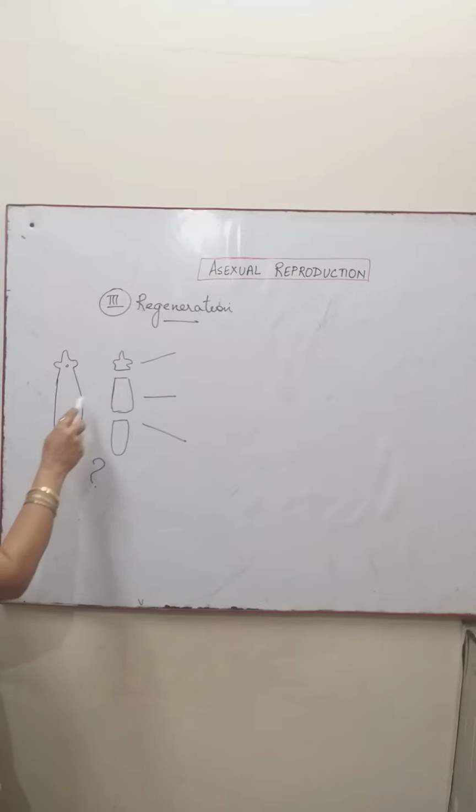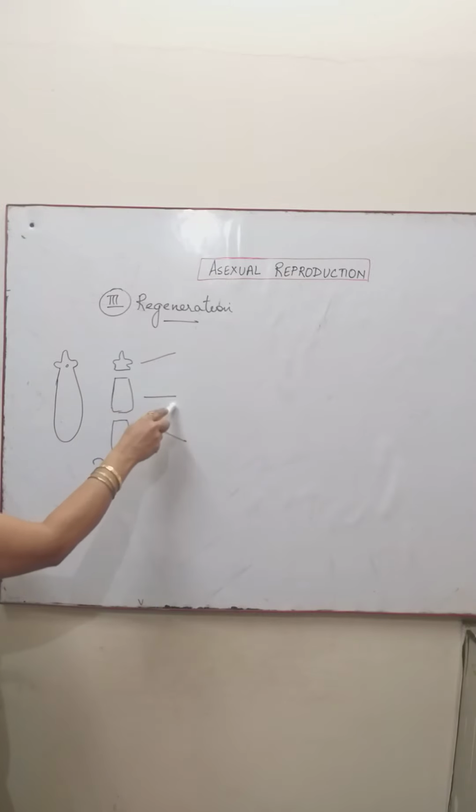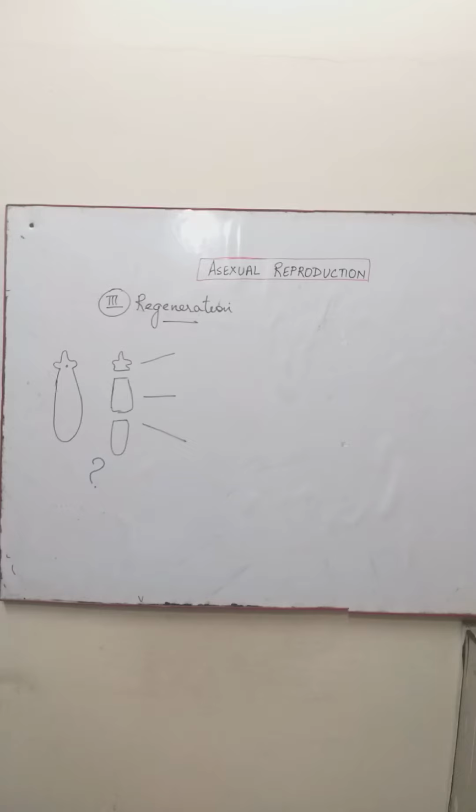So from one planaria, if we cut it into 3 parts, we will have 3 more individuals. Similarly, the starfish. But this is not considered to be the major method of reproduction, because it is only when the organisms are cut or damaged due to certain reasons that the parts will develop. For example, we have hydra, which reproduces by budding. Regeneration is a secondary method of reproduction in the case of hydra.